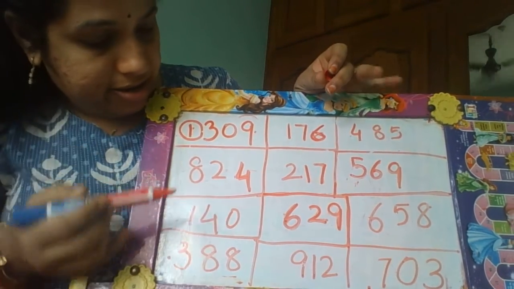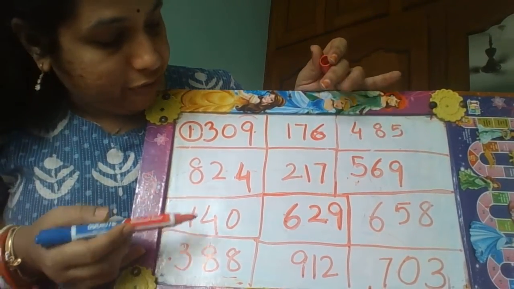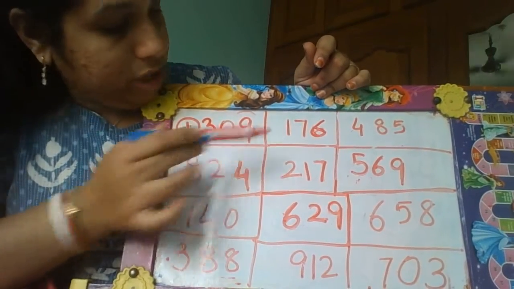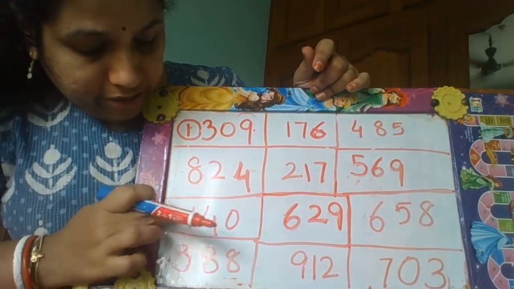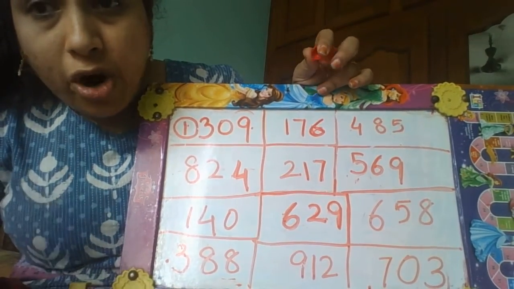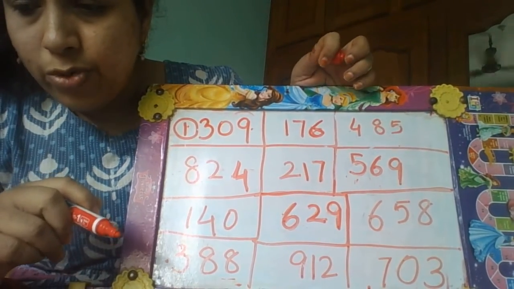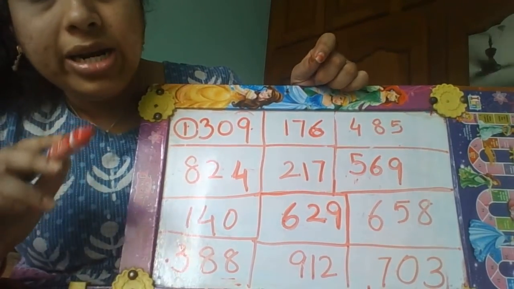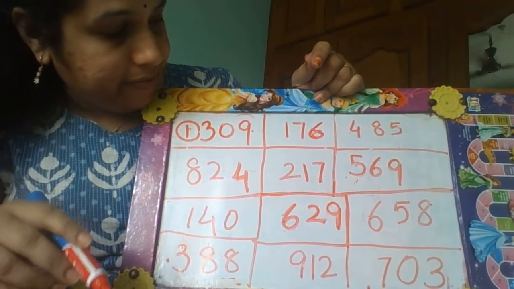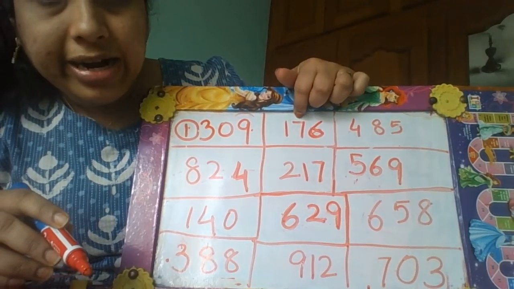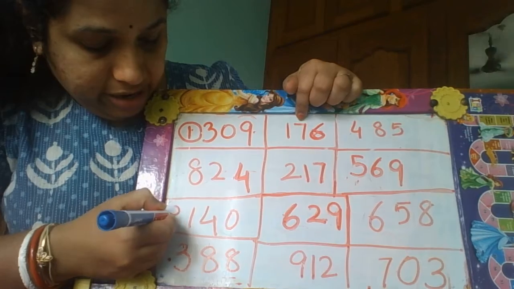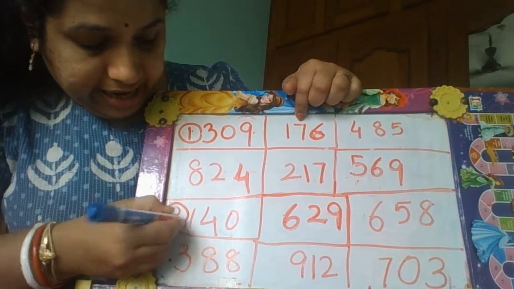Here one is 140 and 176. Okay, two numbers. But the question is, it should not be more than 150, like smaller than 150. So 176 is bigger. So which number? 140 is the second answer.